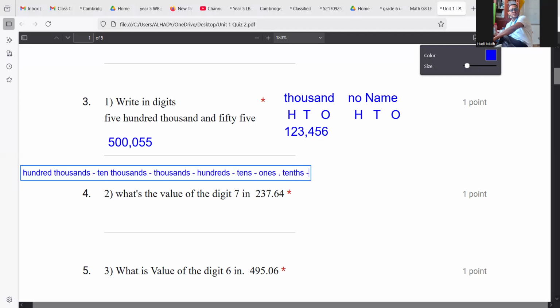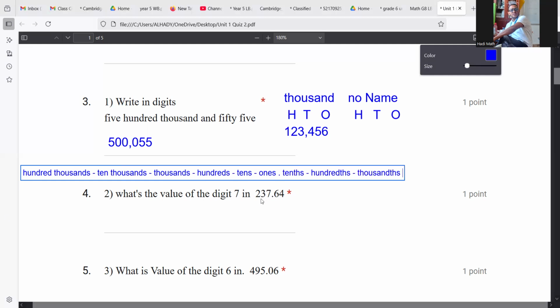And the second one, you call it hundredths. And the third one, you call it thousandths. These place values, you need to just memorize them according to this order.